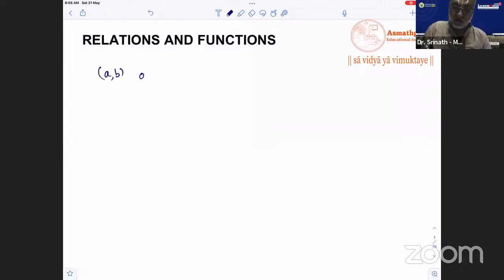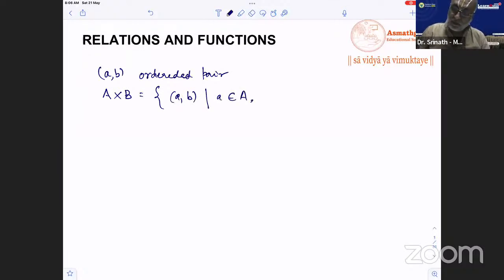So this is an ordered pair. Then when I write A cross B, what does it mean? It is just the set of all (a, b) such that a belongs to A and b belongs to B.